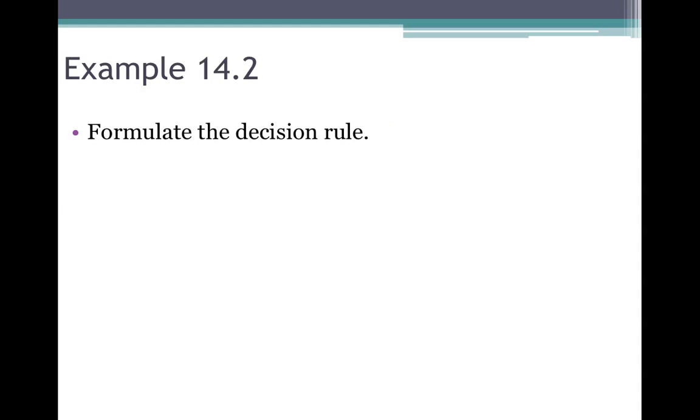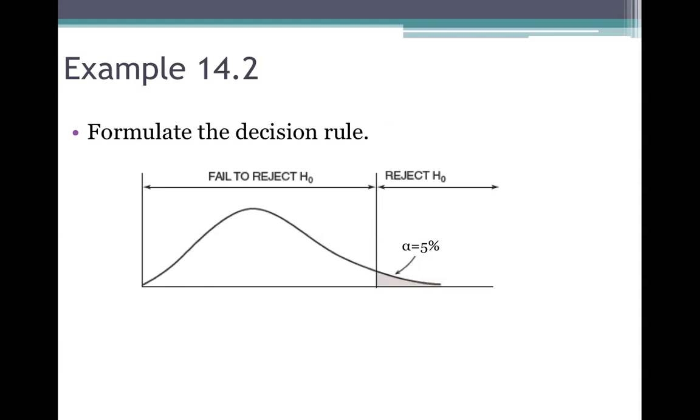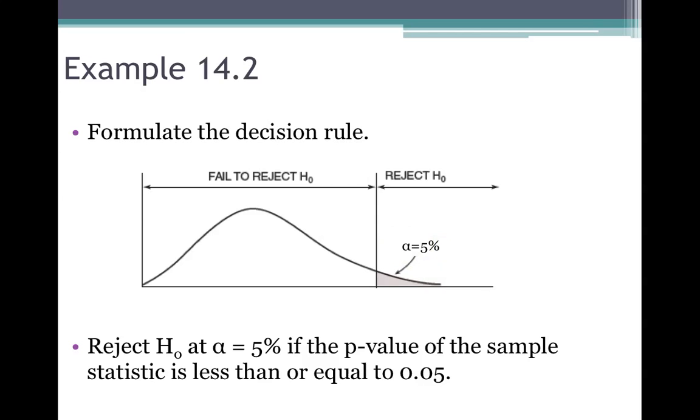The decision rule. So if you consider what the chi-square distribution looks like, the alpha that we were provided in this problem is 5%, so the shaded area in the right tail is 5%. We are going to reject the null hypothesis if we can get a p-value that is smaller than alpha.